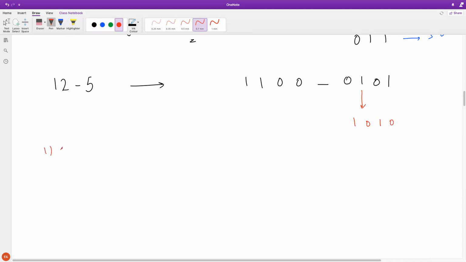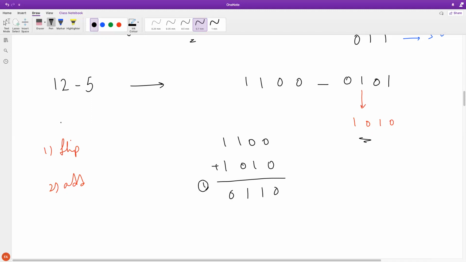First, flip. 2, add them. Okay, 1, 1, 0, 0 plus this one, the flipped version, one's complement. Add them: 0, 0, 0, 1, 0, 1, 0, 1, 1, 1, 1, 0, I have carry.